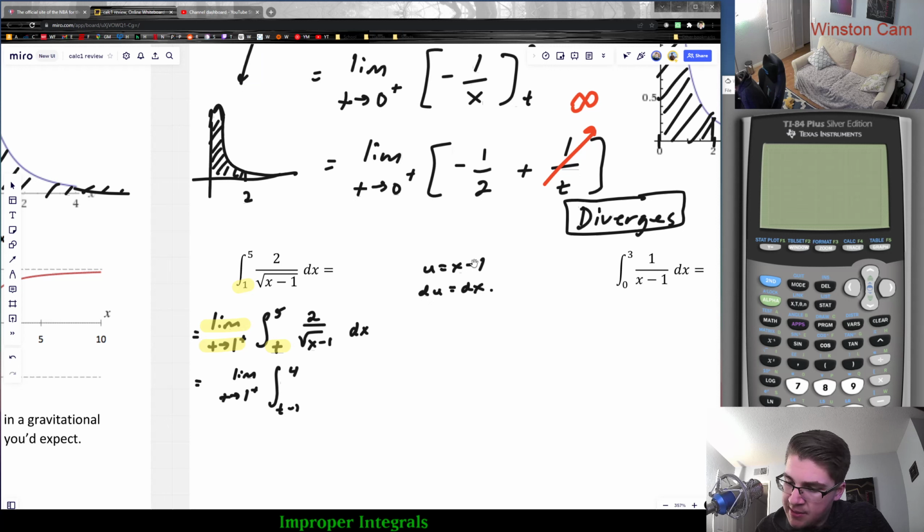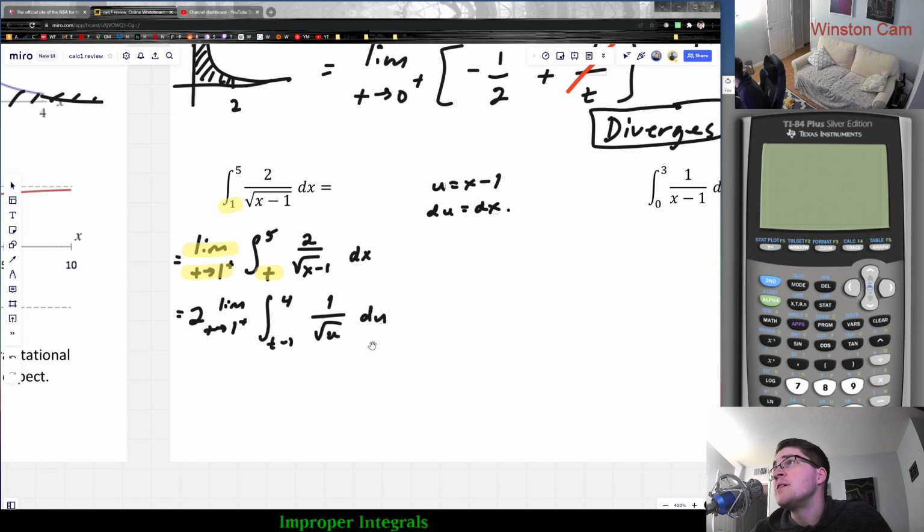I could pass the 2 through both the integral and the limit, and this would leave me with 1 over the square root of u, and dx is directly equal to du. So what I'm left with is a pretty simple antiderivative, u to the minus 1/2 power. By the power rule, I add 1, which gives positive 1/2, and drop the reciprocal 2.